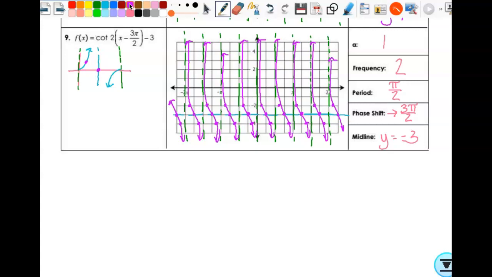It should look something like that. Any questions at all?